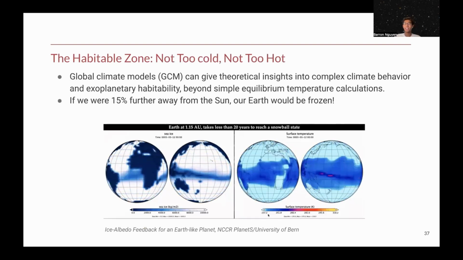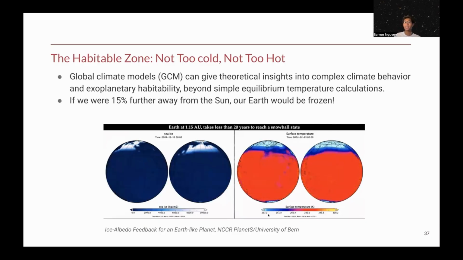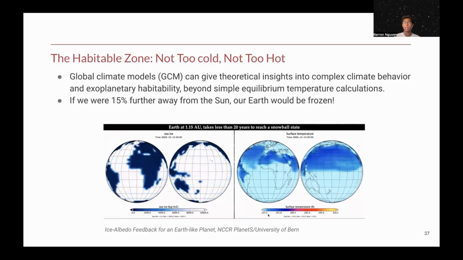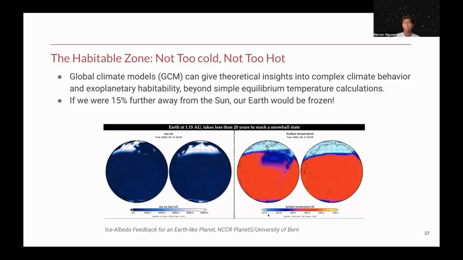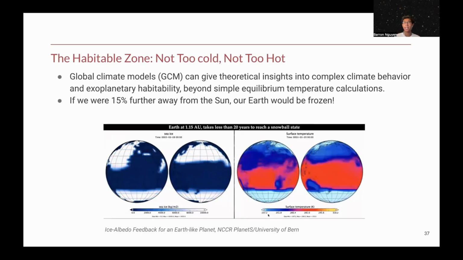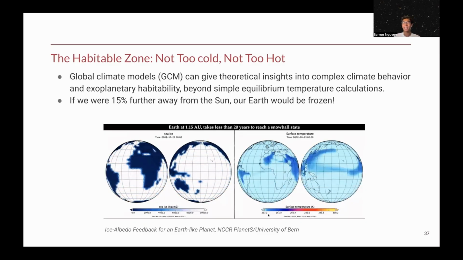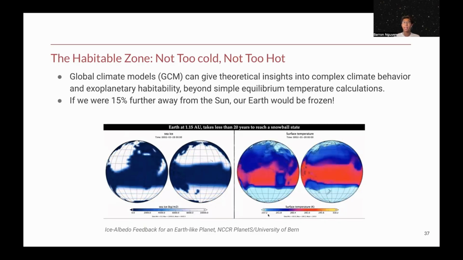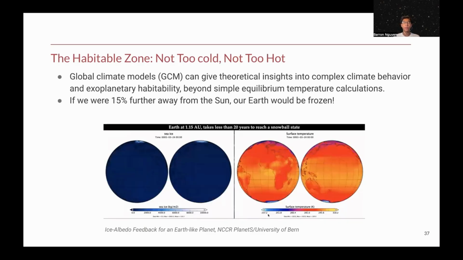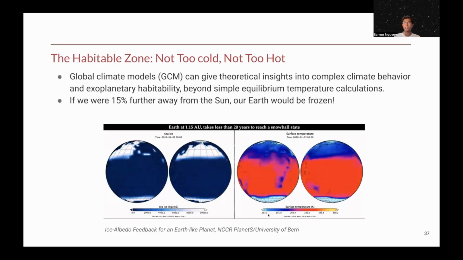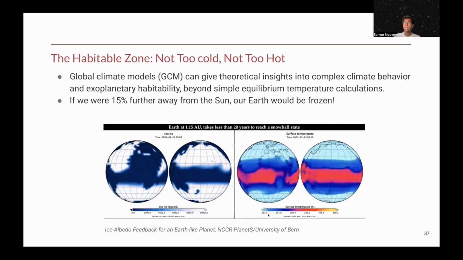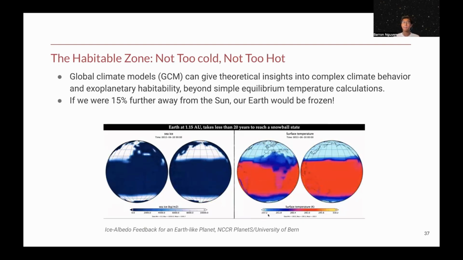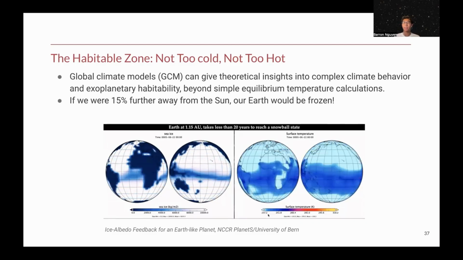I actually wanted to show this GIF because it shows the application of a global climate model. So when we talk about climate science and why that's also really important in studying astronomy, we can use the exact same models that are developed for Earth to study consequences of climate change and apply that to exoplanets to study, if we had this atmosphere composition made of CO2, this fraction of water, this fraction of this gas, and then orbits away from the star at this distance, what would the planet's surface temperature look like?